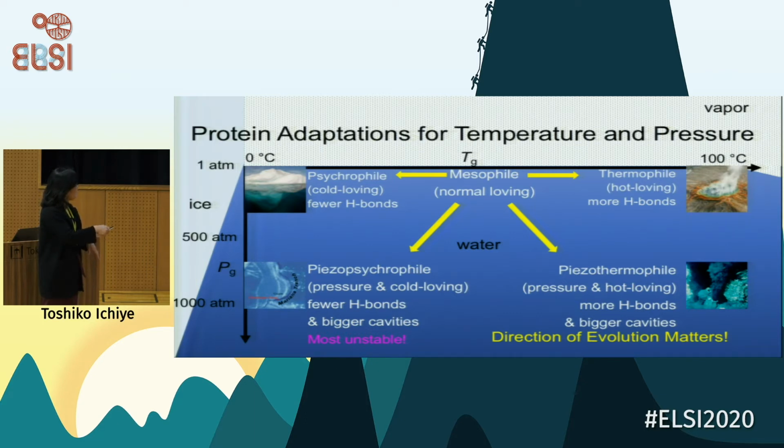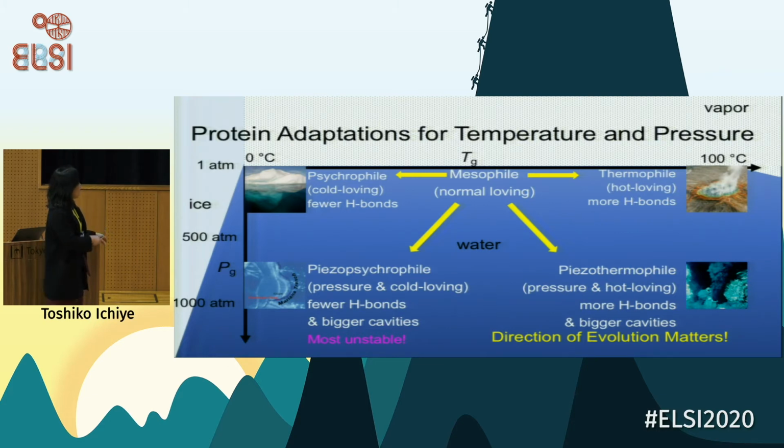But in the piezothermophile, you're doing two opposing things. You're adding more hydrogen bonds, but you're trying to create more cavities. So you can probably balance it so you can actually go either deeper or hotter. And a thing I didn't talk about on Tuesday is actually that the direction of evolution matters.